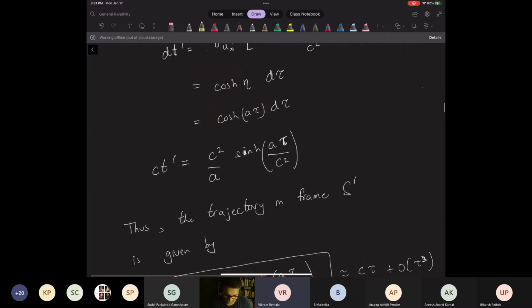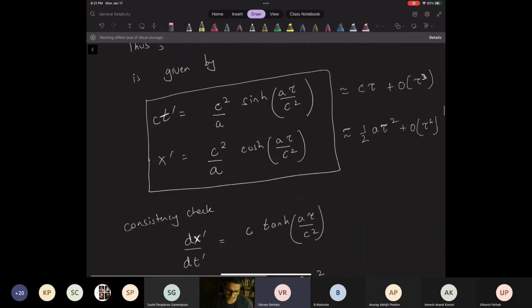I'll leave it as a homework exercise. But at the end of this, what you'll get is the parametric trajectory for the particle: ct prime is c²/a times sinh(aτ/c), and x prime is c²/a times cosh(aτ/c).